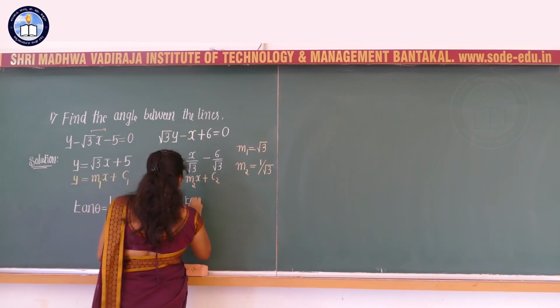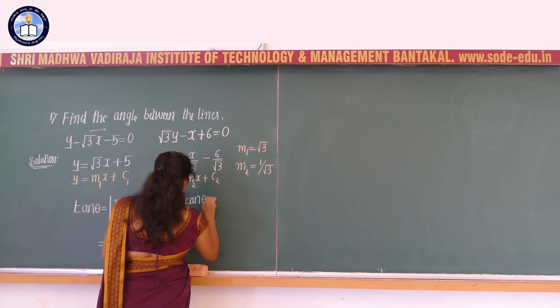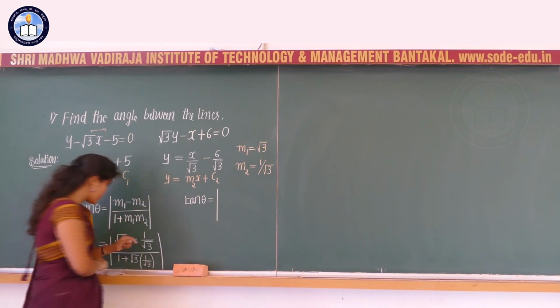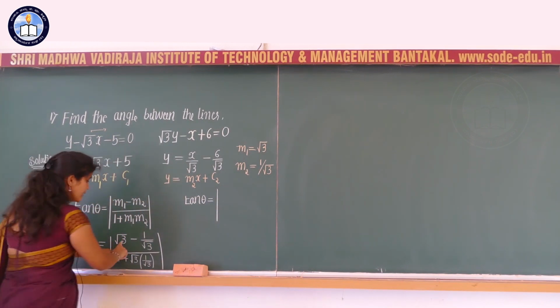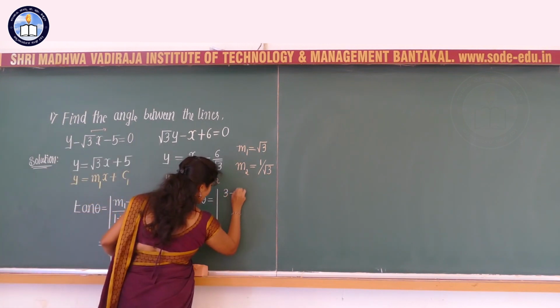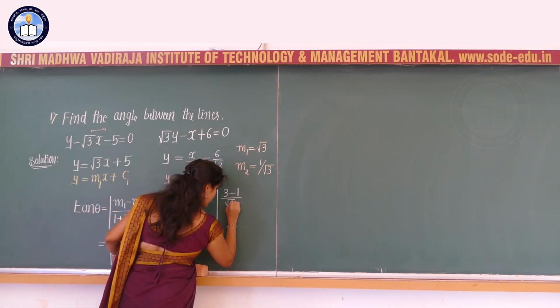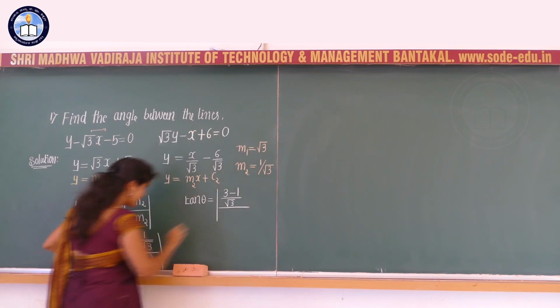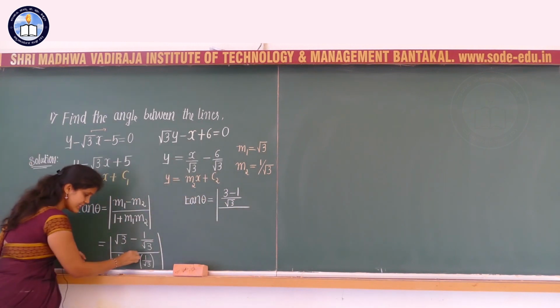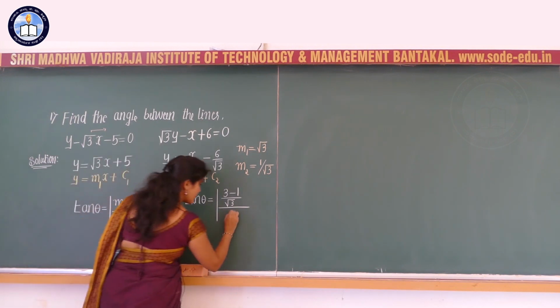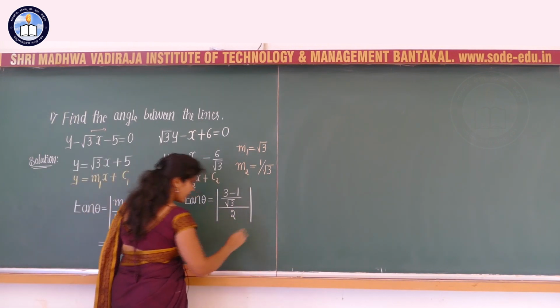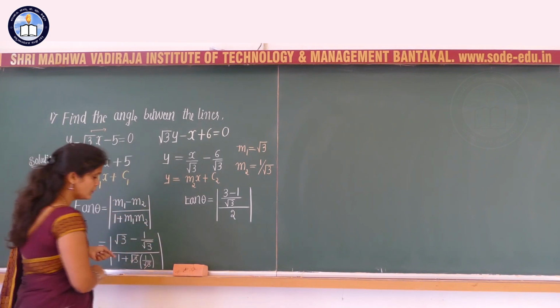Or this I can write as tan theta is equal to, you can reduce the number of steps also, root 3 multiplied with root 3, that is nothing but 3 minus 1 in the numerator divided by root of 3, whole divided by 1 plus 1, since root 3 cancels with root 3, that is nothing but the constant 2, correct? You can directly write the answer, no problem.